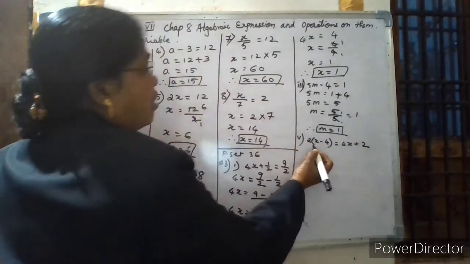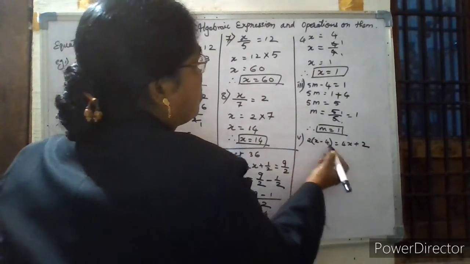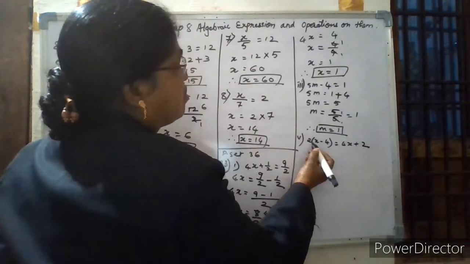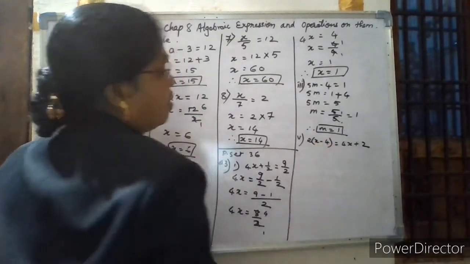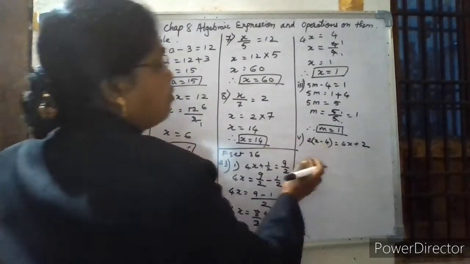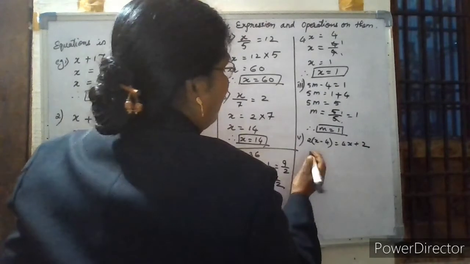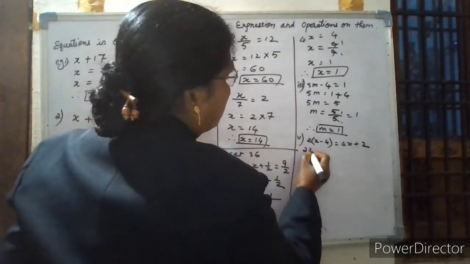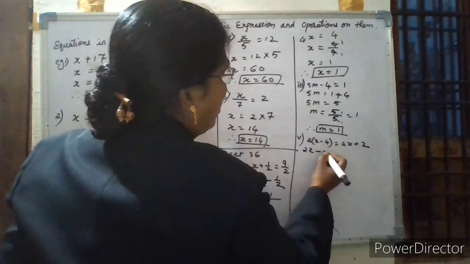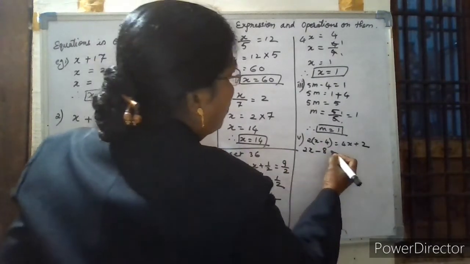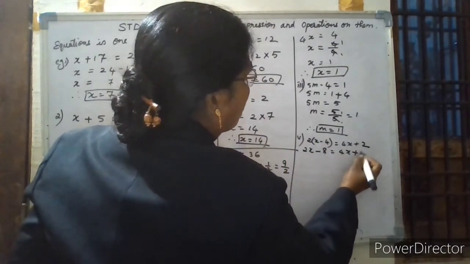Now see here, when a number is outside the bracket, this is a monomial into binomial. You have learned monomial into binomial. So multiply this first. 2 into x is 2x, minus 2 fours is 8. The bracket is gone. Equal to 4x plus 2.